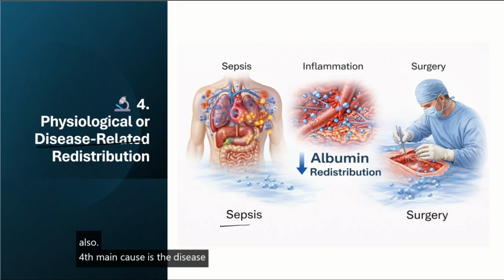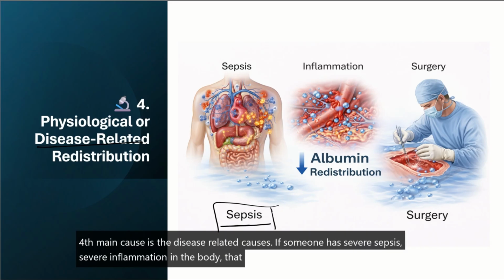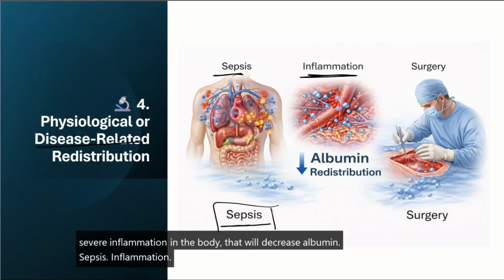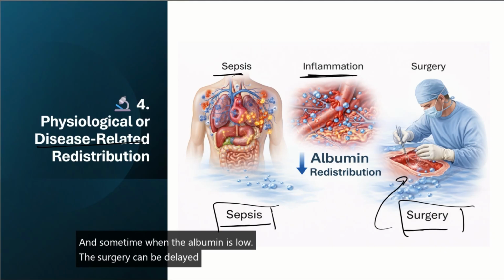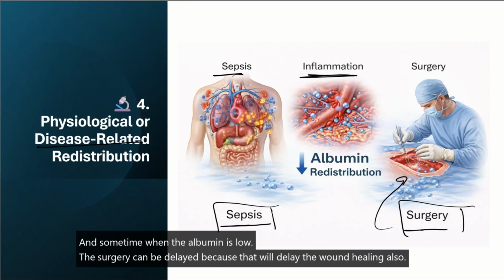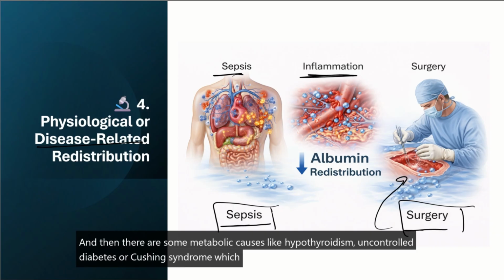If someone has severe sepsis or severe inflammation in the body, that will decrease albumin. And sometimes when the albumin is low, the surgery can be delayed because that will delay the wound healing also. And then there are some metabolic causes like hypothyroidism, uncontrolled diabetes, or Cushing syndrome, which can result in decreased albumin.